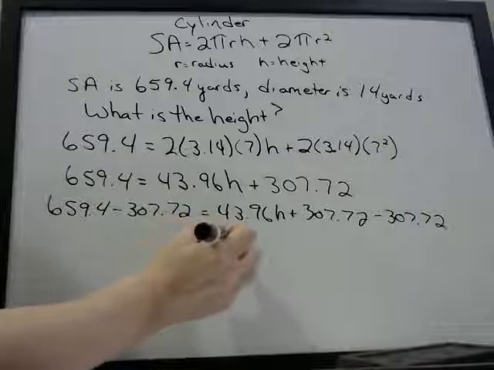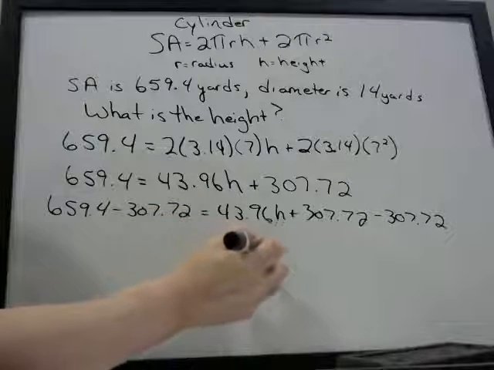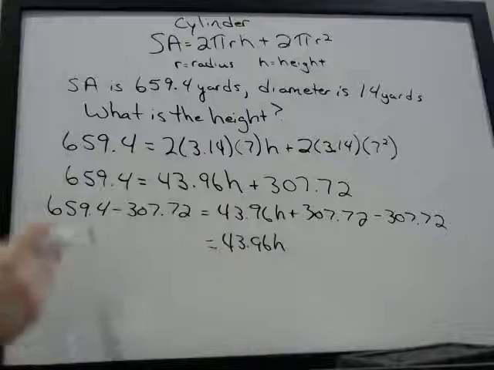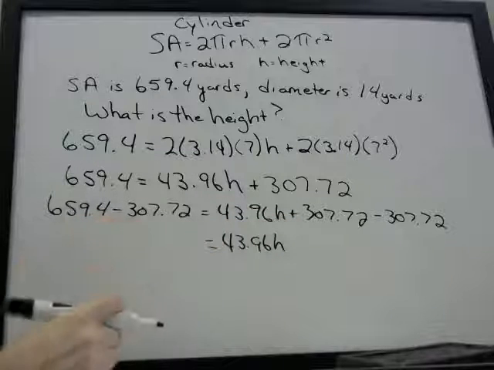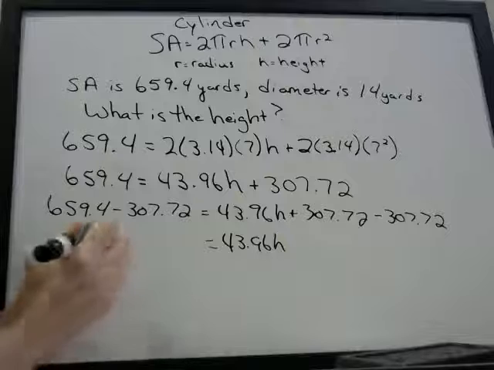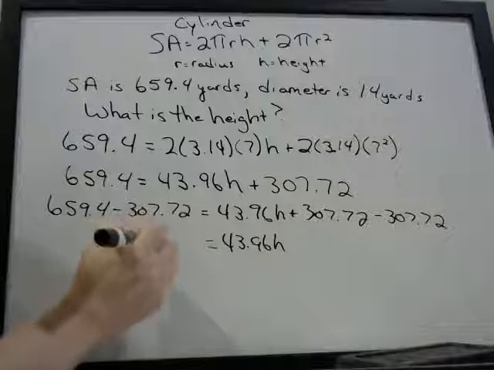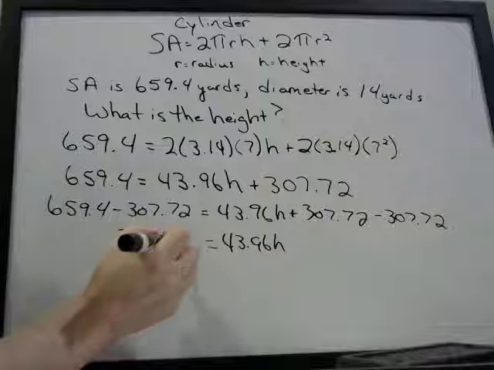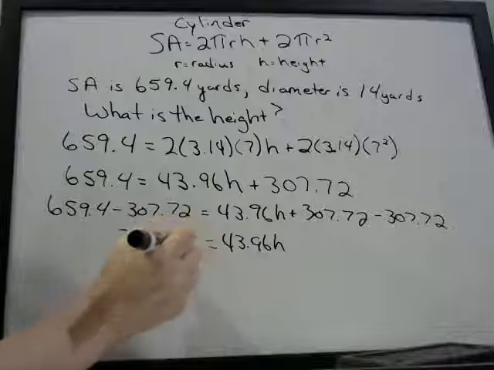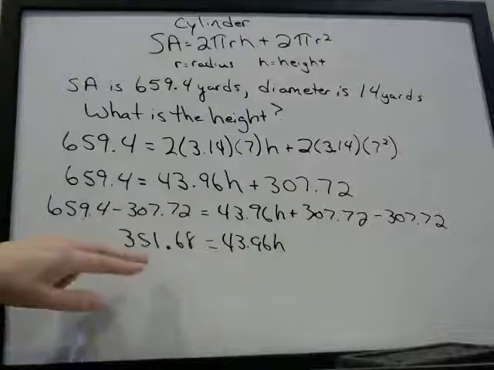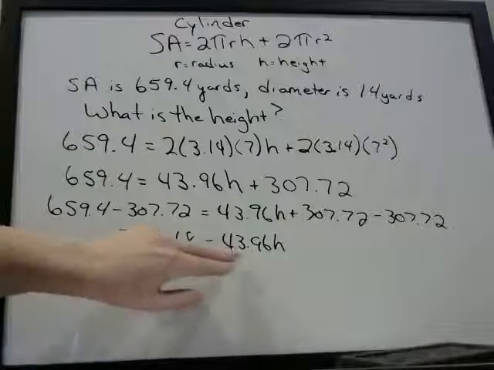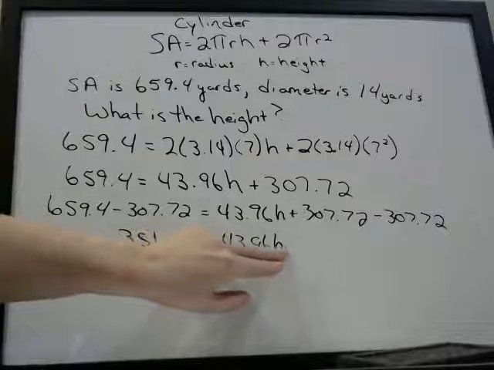So on this side, we're just left with 43.96 times h. 659.4 minus 307.72 is going to be 351.68. So now we have 351.68 equals 43.96 times height.